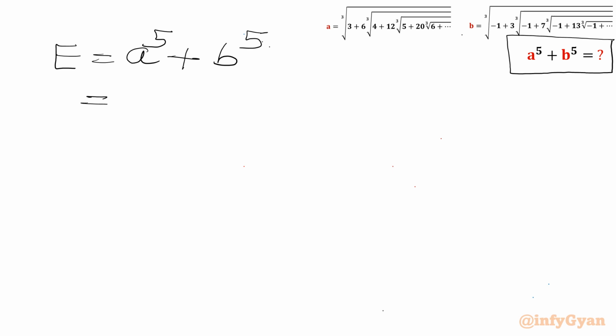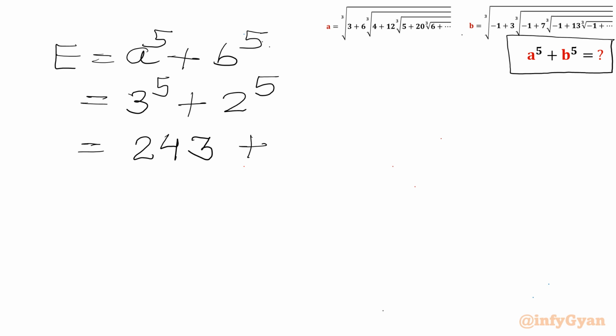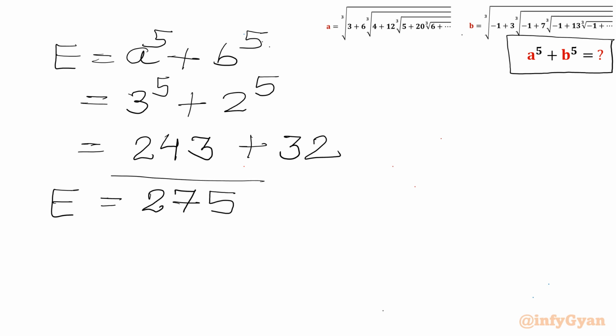So I can write here a was 3, b is 2. So 3 power 5 is 243, 2 power 5 is 32. Once I add both, I will get my answer, 275. This is our required expression value.